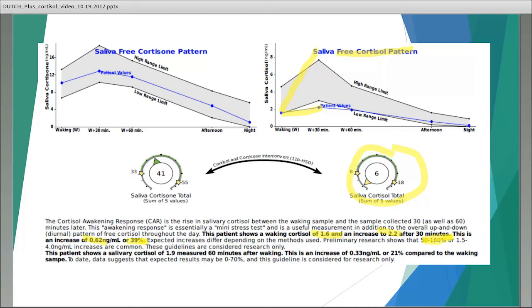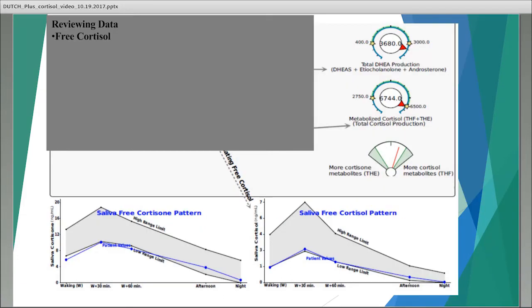What we normally get is around 50 to 160%, or 1.5 to 4.0. So you're going to want to look at that increase relative to both the percent increase and the absolute increase to make sure that we're considering all that in terms of assessing whether that cortisol awakening response is appropriate or not.